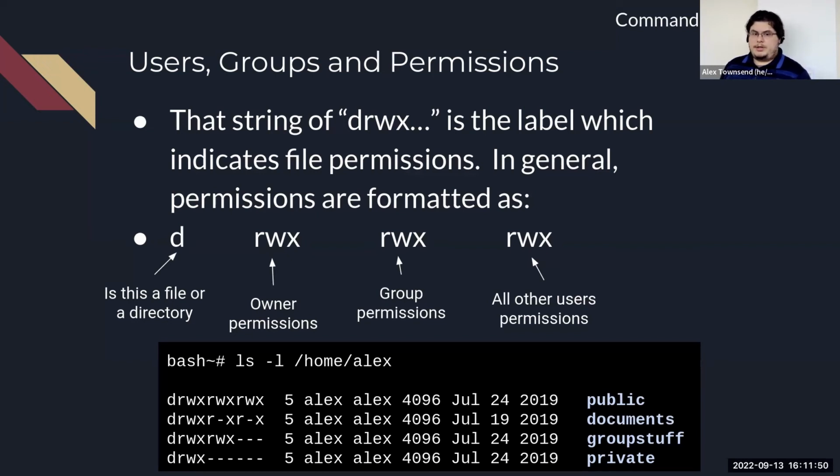And the X at the very end says this file is an executable program, and either all users, the group, or the owner is allowed to run this program. If instead of that X you see a dash, then that set of users does not have permission to run that file.